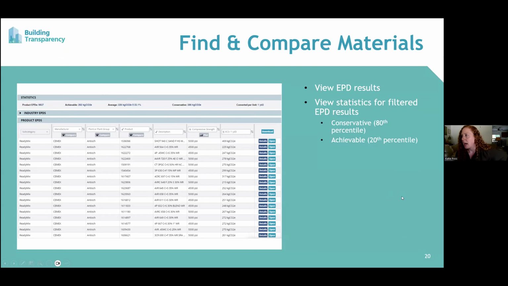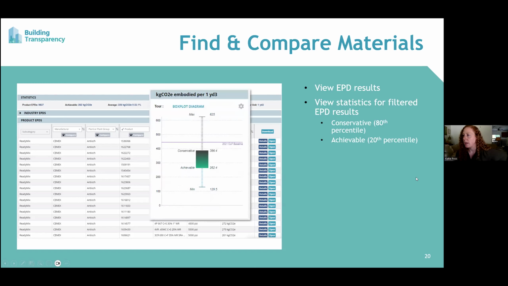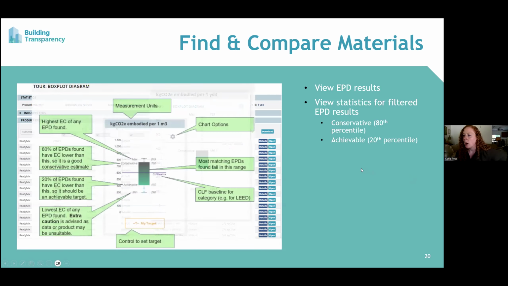Okay, this is the find and compare materials feature. Just as I mentioned before, you can search for EPDs. You can view statistics for filtered EPD results, and I'll show you a demo of that in just a moment. But I want to walk you through, before we get into the tool, how to interpret this box plot and whisker diagram.